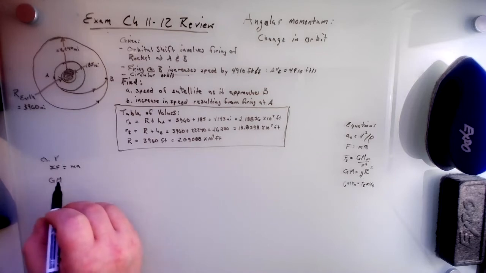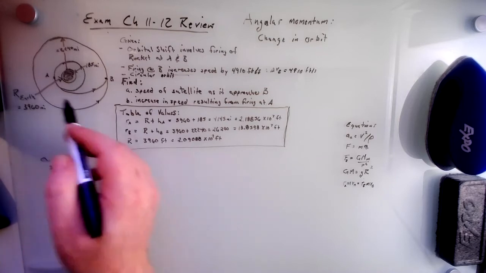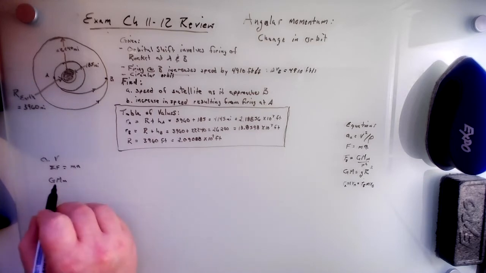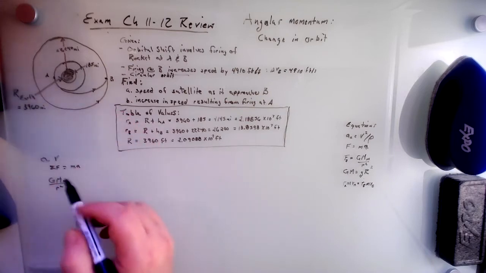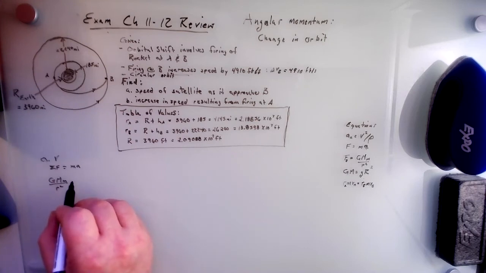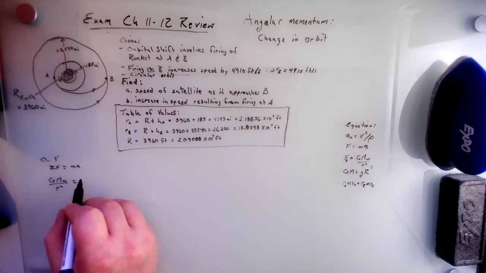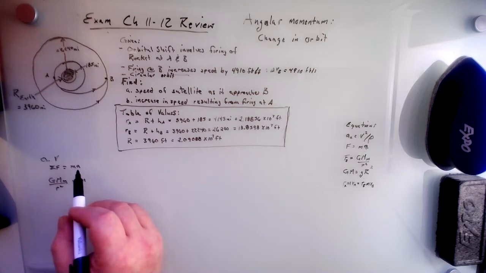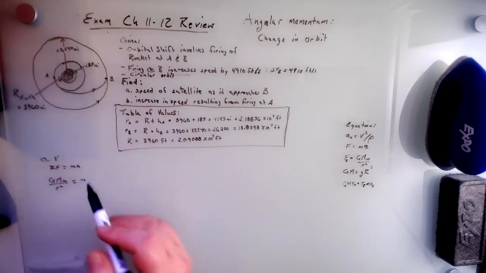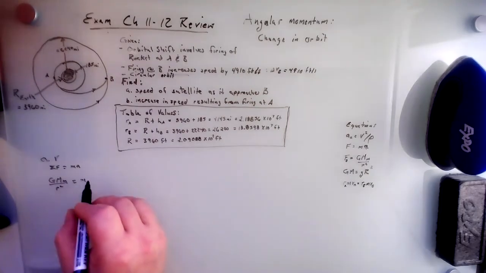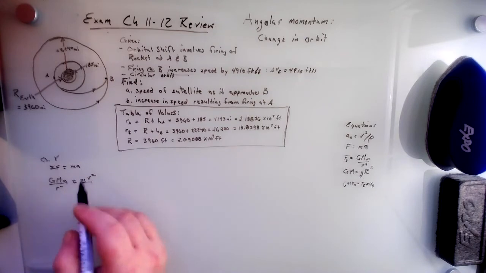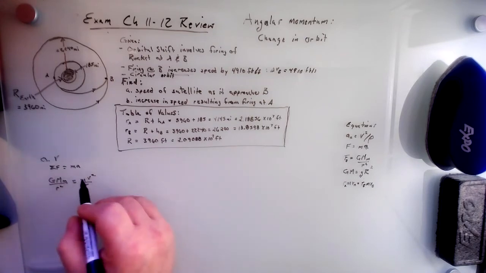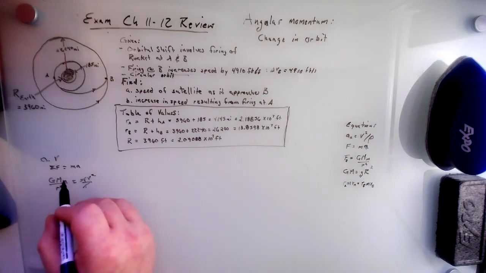G is the gravitational constant, big M is the mass of the Earth, little m is the mass of the satellite, and R squared is the square of the distance from the center to the satellite. That is equal to m times the acceleration, the normal acceleration, v squared over rho, where rho is the radius of curvature, so r.